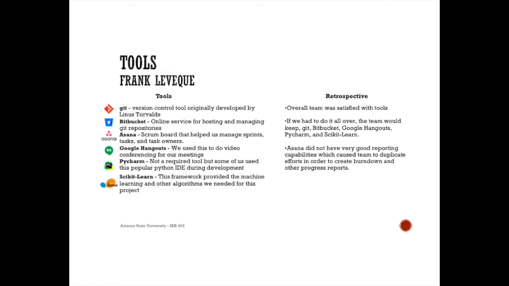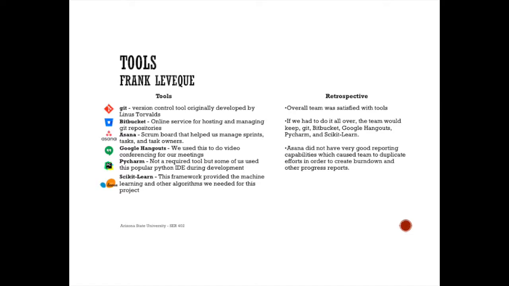To code the Python, we use an IDE called PyCharm, made by a company called JetBrains. It's one of the better IDEs out there. Our code was hosted in a Git repository, both locally and online. Online, we use a service called Bitbucket. And inside the code itself, we used a library called scikit-learn, which has a lot of features for machine learning and math.